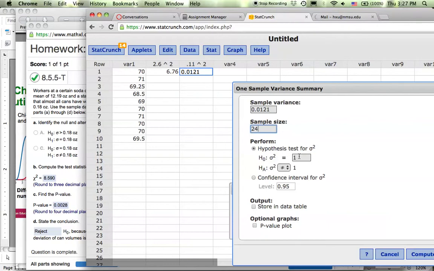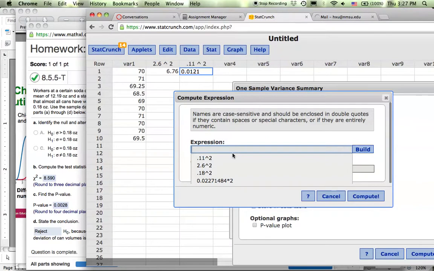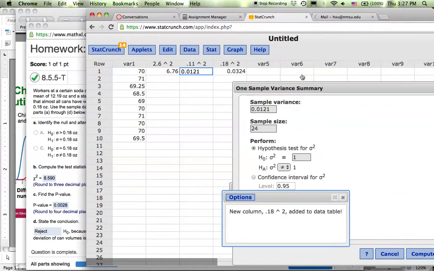hypothesis test, H naught sigma squared equal to this one should be 0.18 squared. So if you compute that using, say, 0.18 squared, you will know it's this number here.